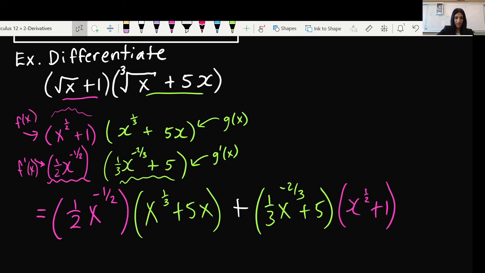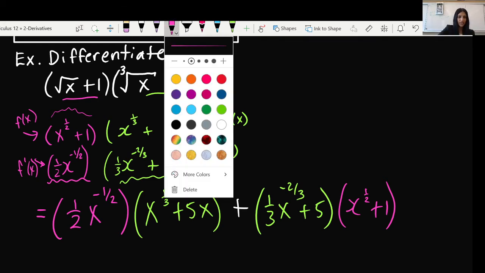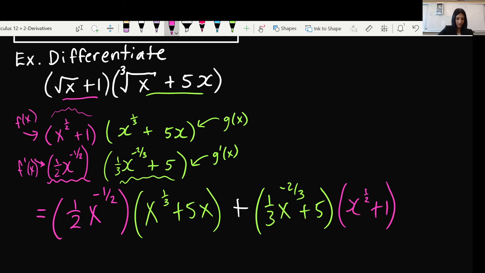What I end up getting when I work my way through this is, a better way of cleaning this up and writing it, because we don't really like to write it like this, is 1/2, and this ends up giving us root x at the bottom. So that is the same thing as this.